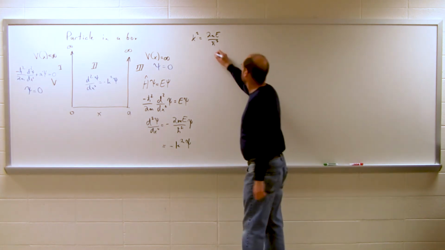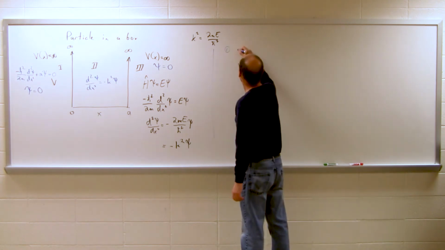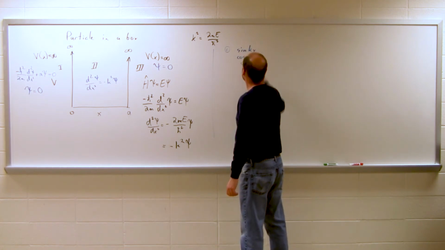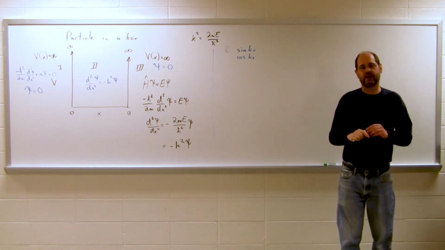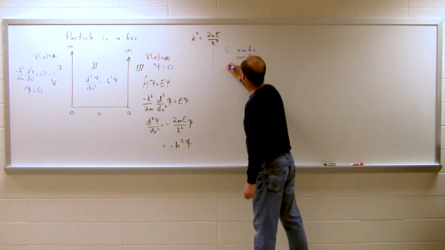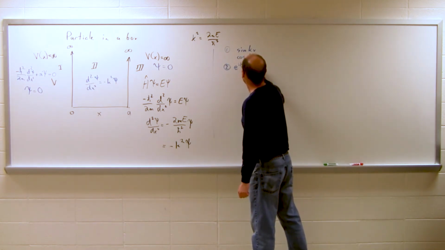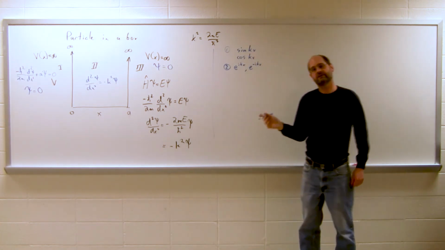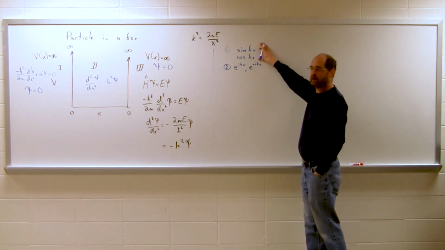My first possibility is either sine kx or cos kx. The derivative of sine is cos, the derivative of cos is minus sine. Same thing for cos, I'll get that. The other possibility is e to the i kx or e to the minus i kx. I can put my solutions in either form. I'm going to stick with the real form right here, sine and cosine.